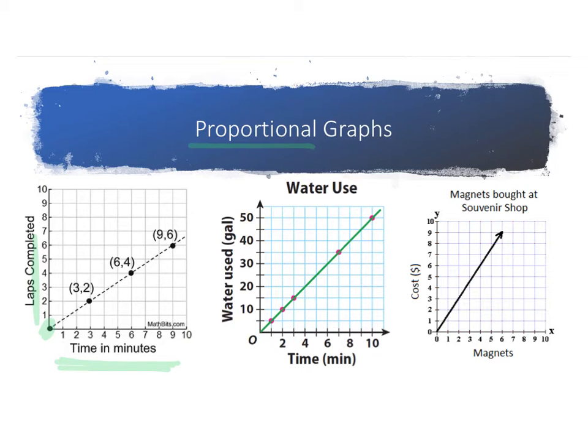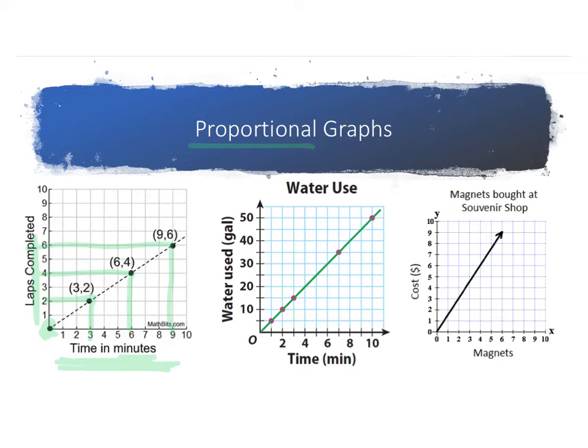So in this first one, they run through 0, 0. If I don't run at any time, I haven't run any minutes, and I haven't completed any laps. So that makes sense. Then it looks like it goes from 3 to 2, meaning in 3 minutes I run 2 laps, and then in 6 minutes I run 4 laps, and in 9 minutes I run 6 laps.